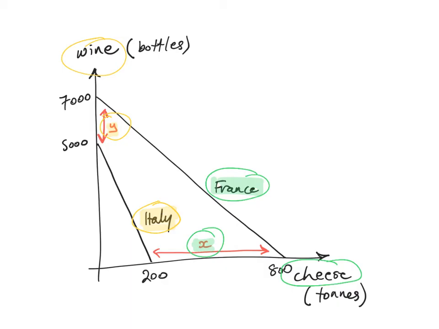You can see the distance x is much larger than the distance y. Therefore, France is much better at producing cheese because the distance between 800 and 200 is much larger, while Italy should therefore specialize in the production of wine.